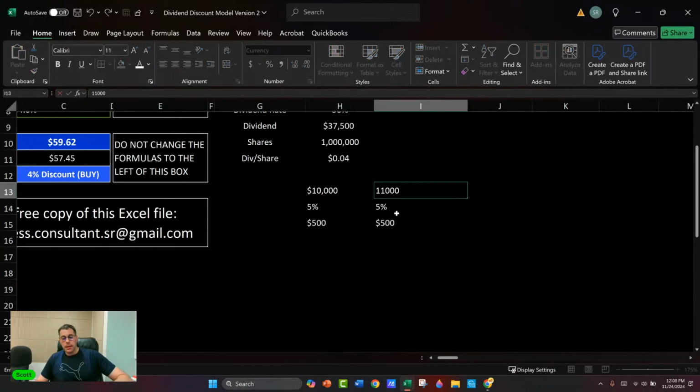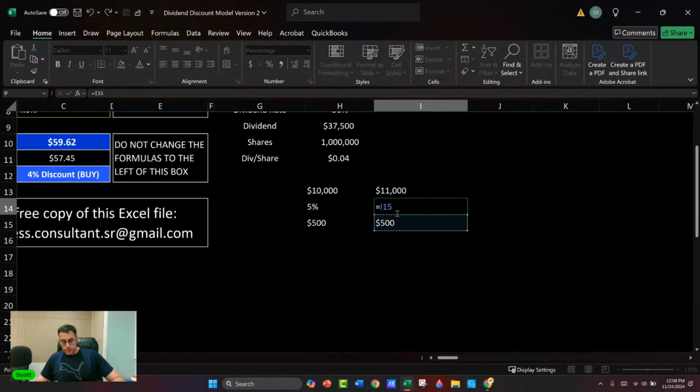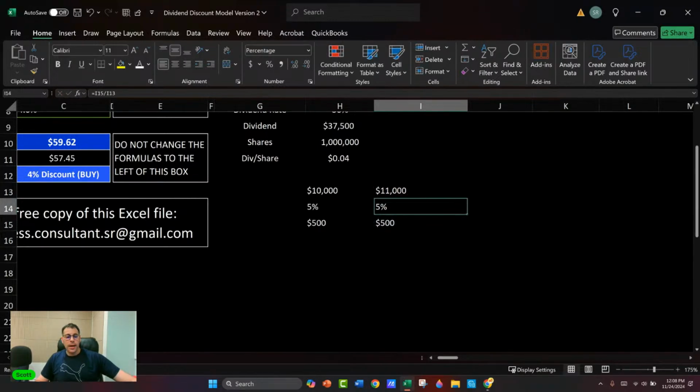So it might cost $11,000, but you're still getting the same $500. So you have to pay $11,000 and you get the same $500 return on the bond. So now you're only getting a 4.5% interest or yield.